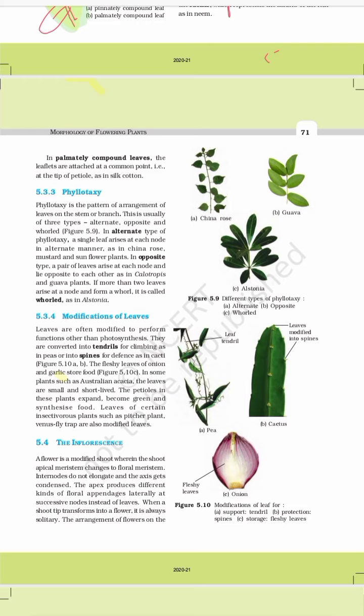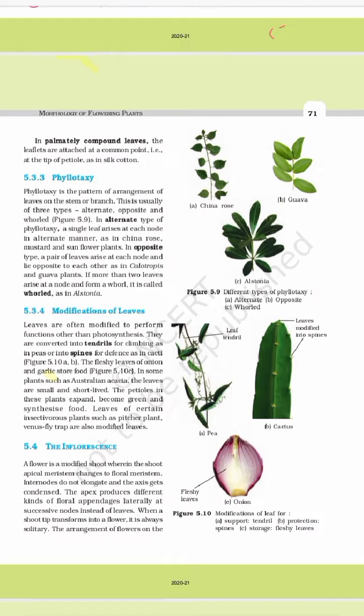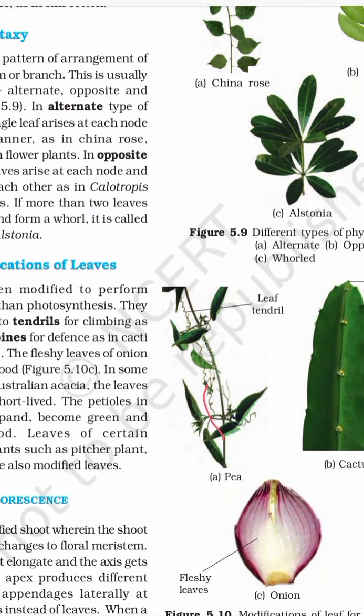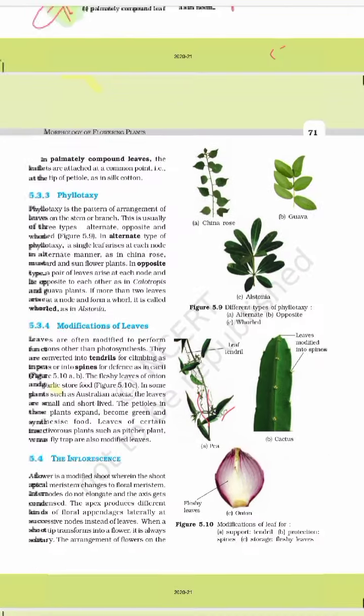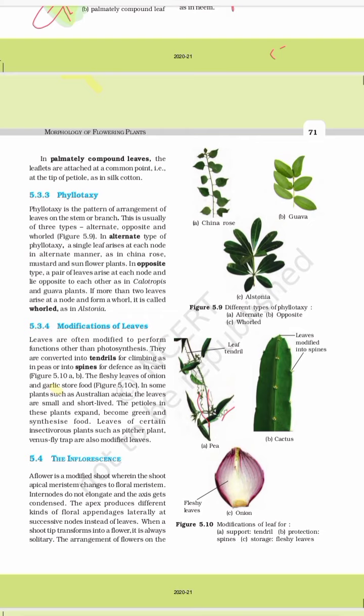Leaf tendril means the leaf is modified, such as modified stipules. You can see in the figure that the leaf is like this, like a stipule. Why do they do it? For climbing, right? They want to climb, so they cannot climb with their own structure, so they modify themselves.